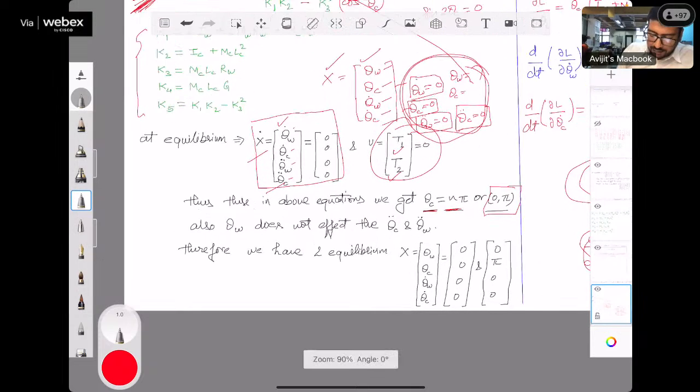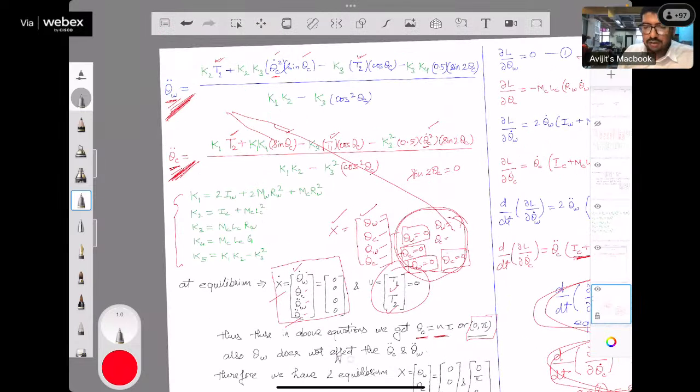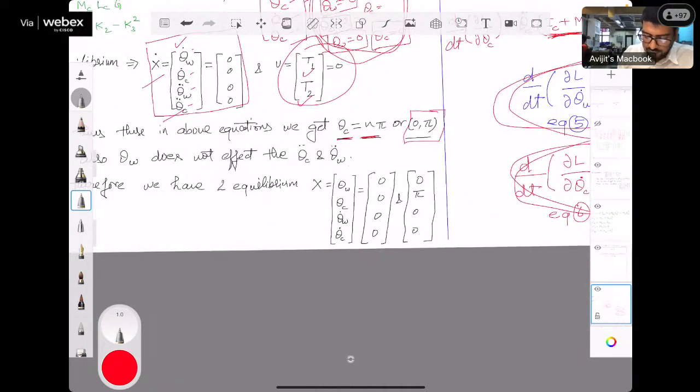Also, you can see these equations do not depend on theta w at all, so at any angle of the wheel, we can achieve the equilibrium point. For our instance, we'll keep it as 0.